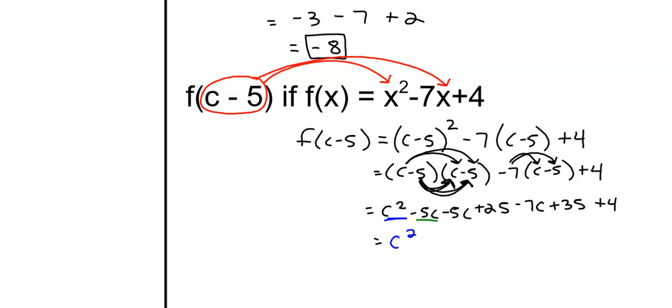So we have negative 5, negative 5, negative 7. And that is going to give us a grand total of negative 17c. And then lastly, all of our constants. We have 25 plus 35, which is going to give us 60, plus 4 more, plus 64. And that's our final answer.